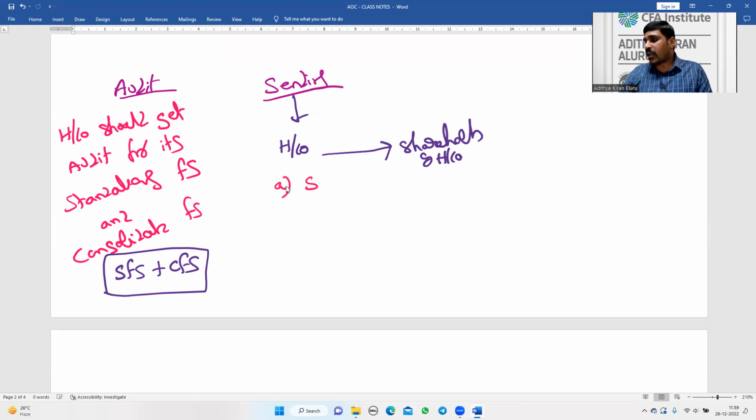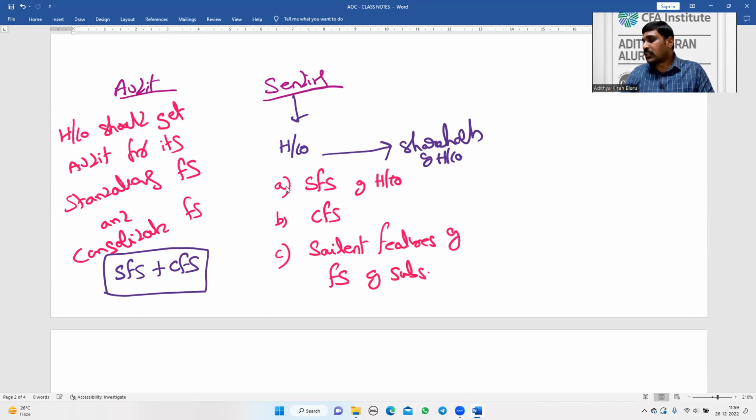First, the standalone financial statements of the holding company, plus the consolidated financial statements, plus the salient features of the financial statements of subsidiaries. Salient features means important points.